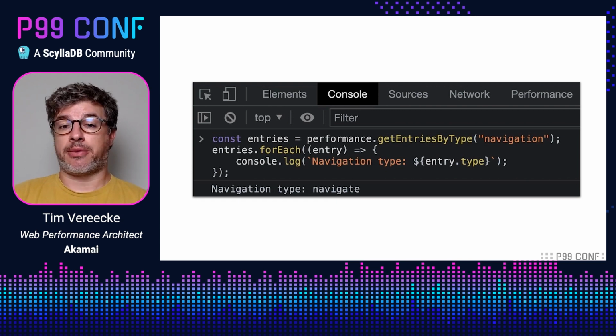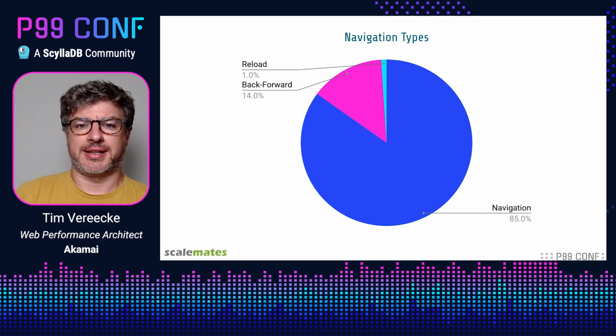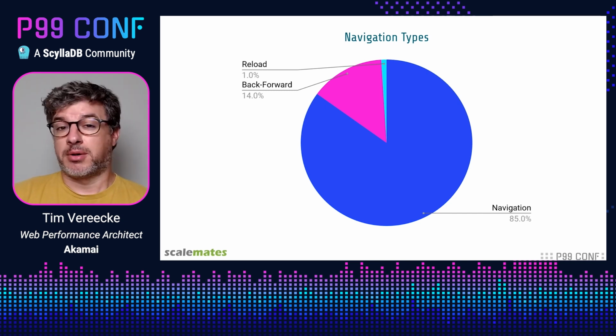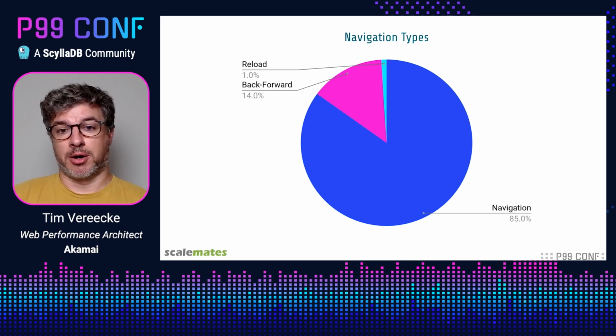If you do that and look at my website, you will see that 15% of the navigation types are not regular navigations, people clicking on a link. Many of them hit the back button, which is a back forward navigation, or hit the reload button. And my view is, by default, only look at navigations, because the 2 others are noise.